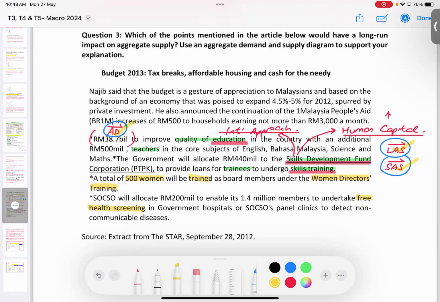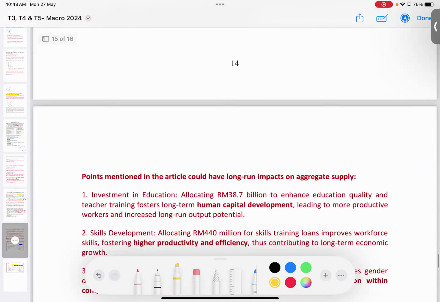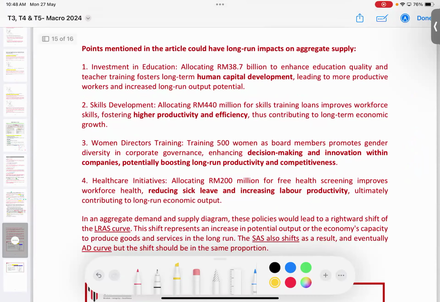So what you can focus on is just the use of the concept itself, like what concept you want to use. Okay. So you can see I put up some writings here that you can mirror, not asking you to cut and paste, but mirror, like how to explain a bit. Okay, like for example, the first one we talk about the investment in education, the skills development, the women's director training, and then the healthcare initiative.